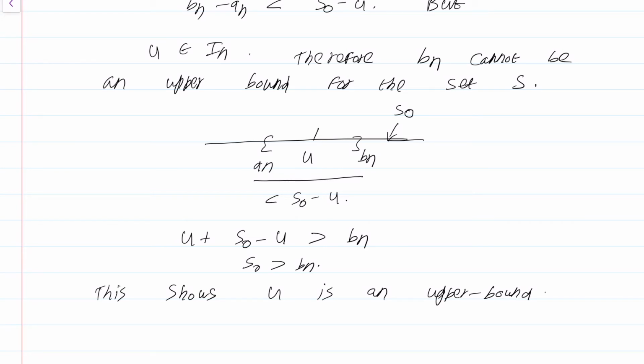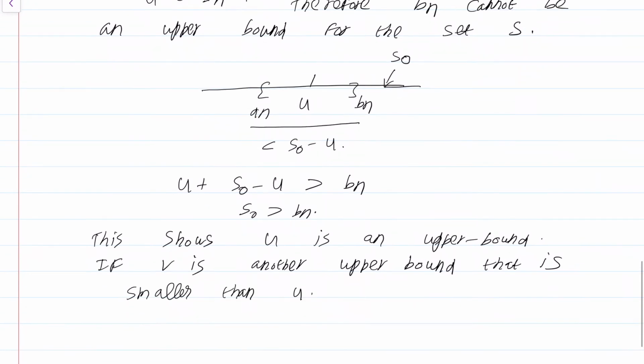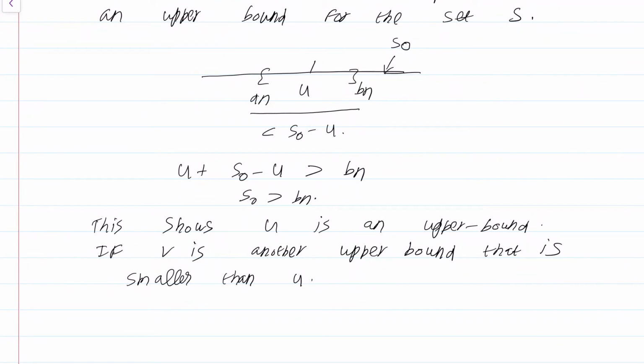So if V is another upper bound that is smaller than U, then we apply the same trick in a different manner.